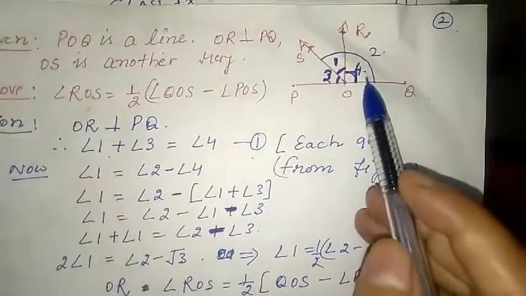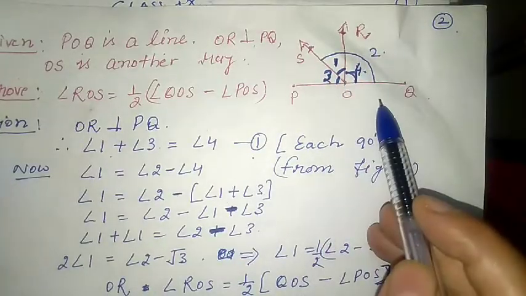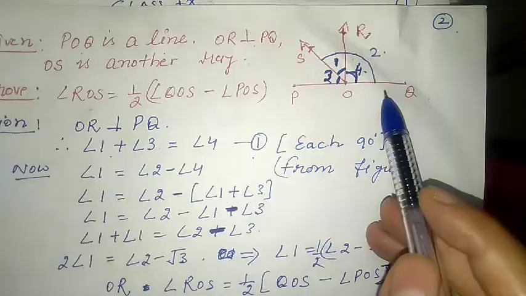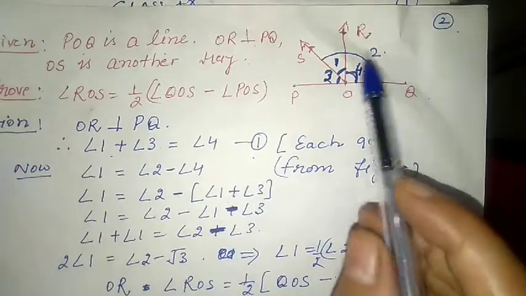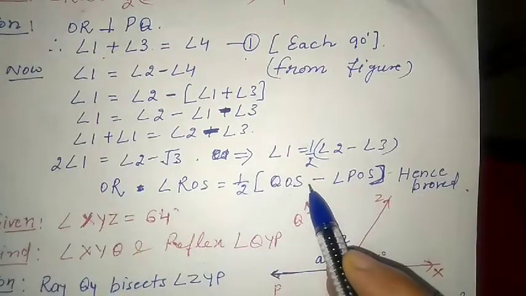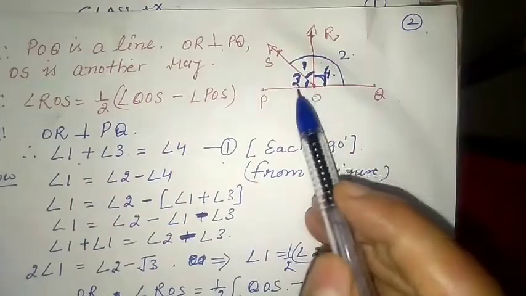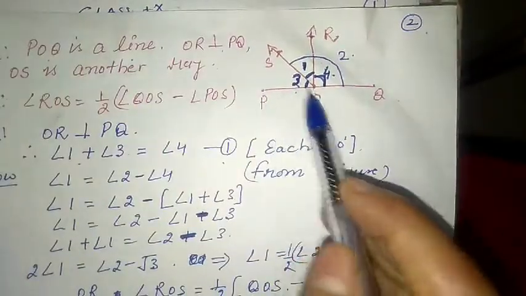What was angle 2? Angle 2 was this one. This was our angle 2, which is SOQ. And angle 3 is this one, which is POS.